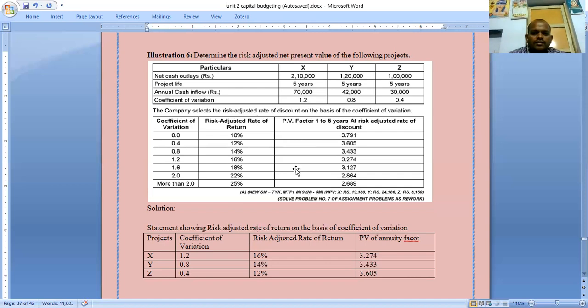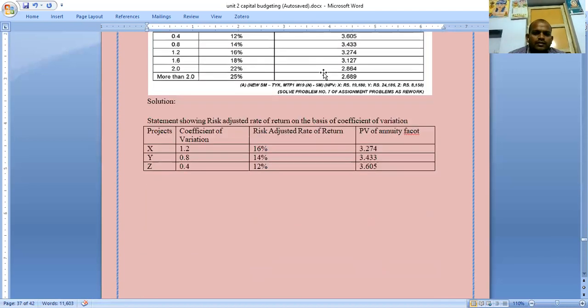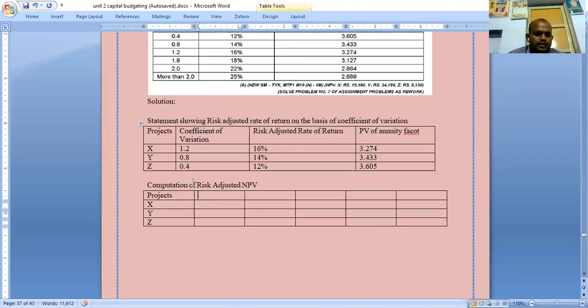Determine the risk-adjusted net present value. Now we have to calculate the net present value. Computation of risk-adjusted net present value. I am using another table.